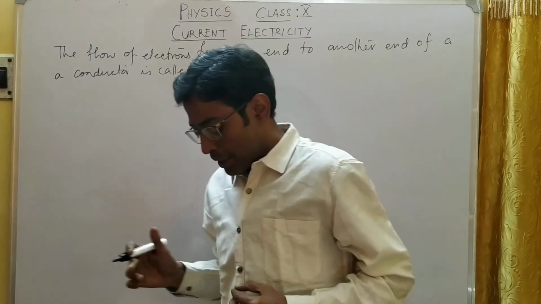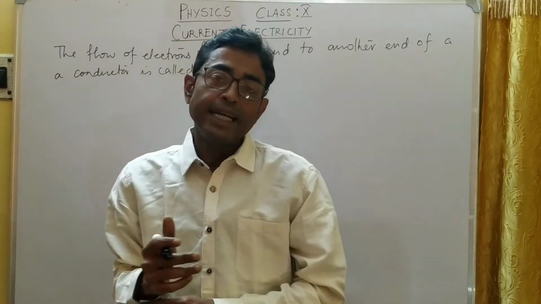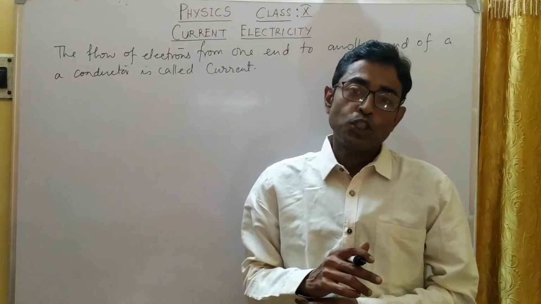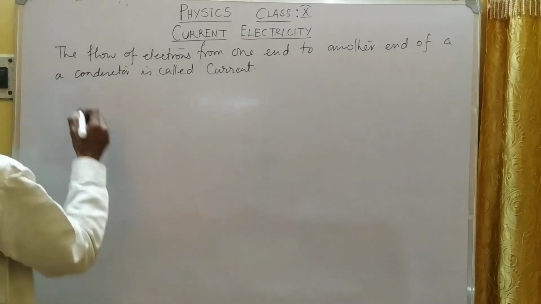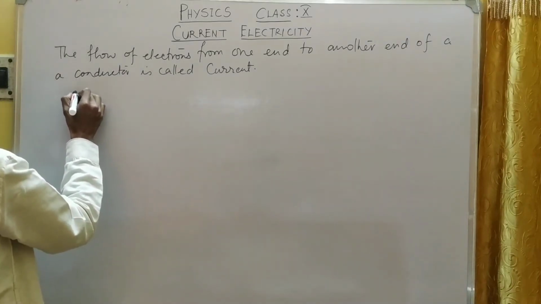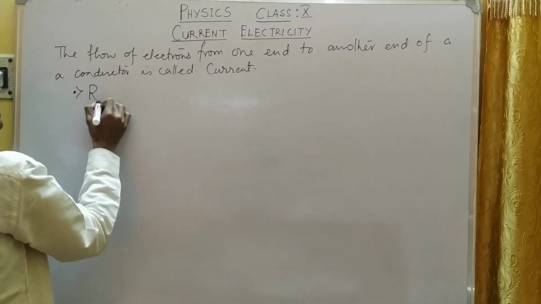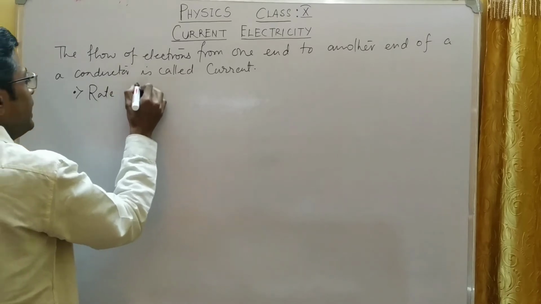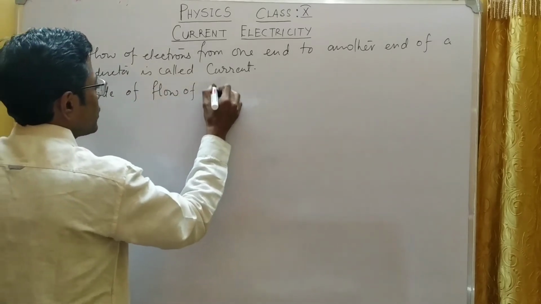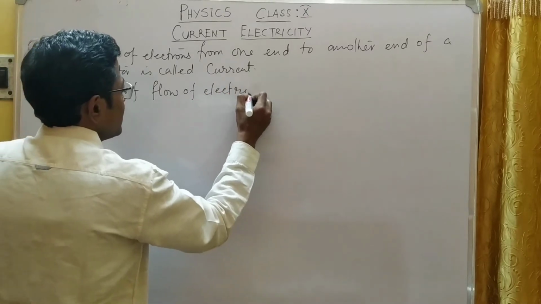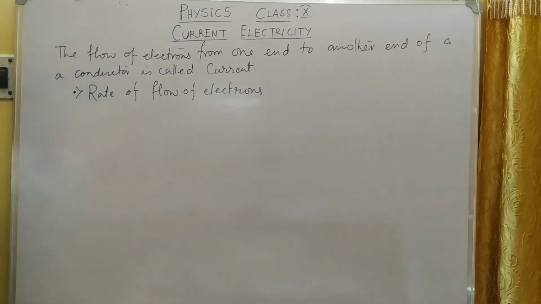Remember, current is defined as the rate of flow of charge through a conductor. So we can also write current as, it is another definition I am writing, the rate of flow of electrons through a conductor.